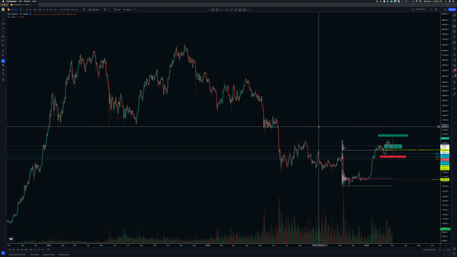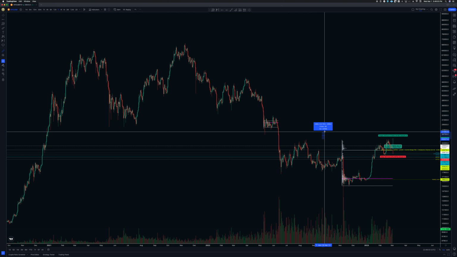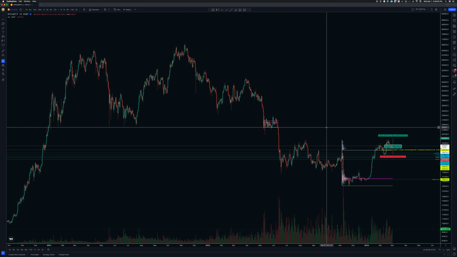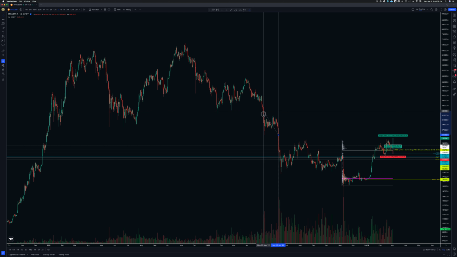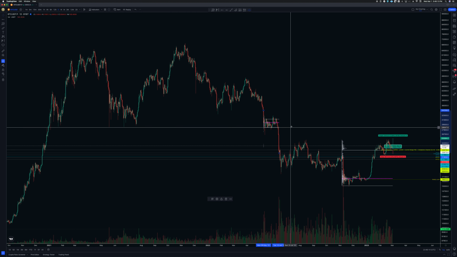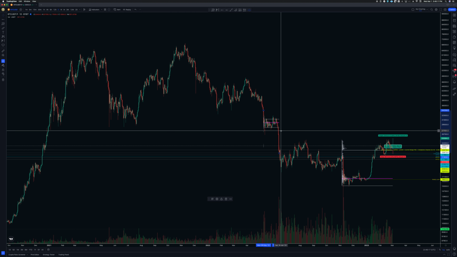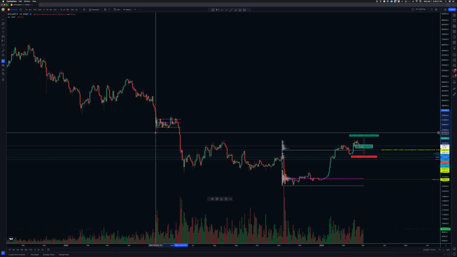So the bottom of this, I believe 28,000 or around this could be the bottom. See this? We have this value area low for this range at this moment. I could definitely see us getting to 28, maybe a little bit lower than that. You see, there's no volume right here between that.